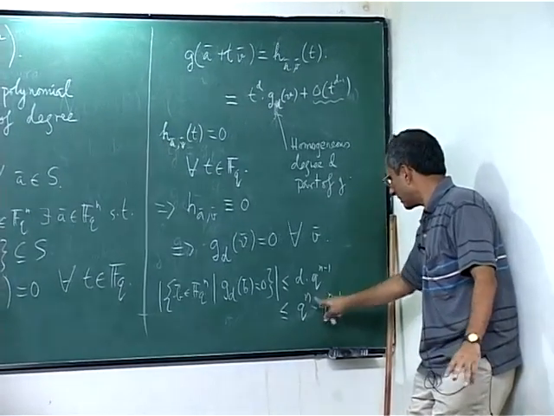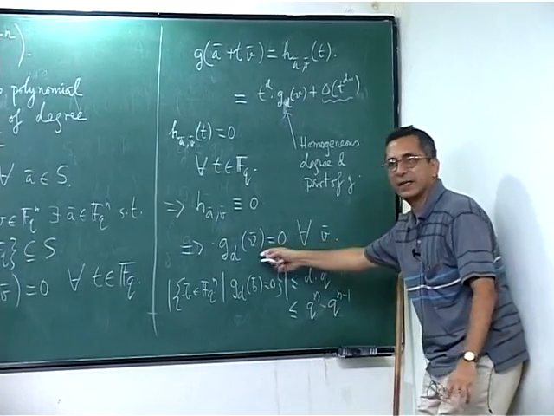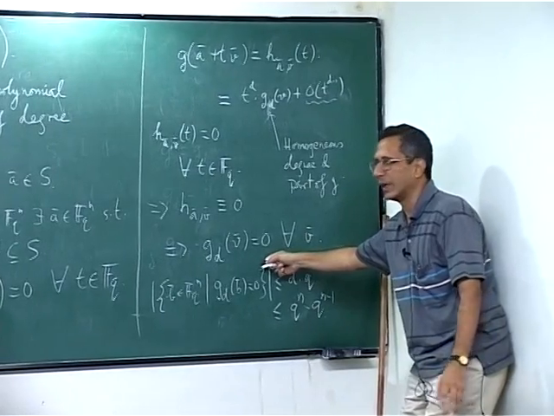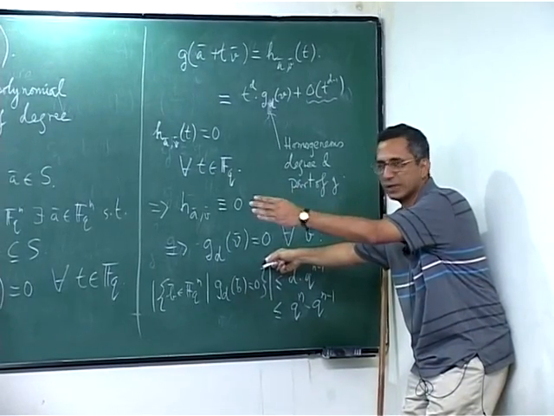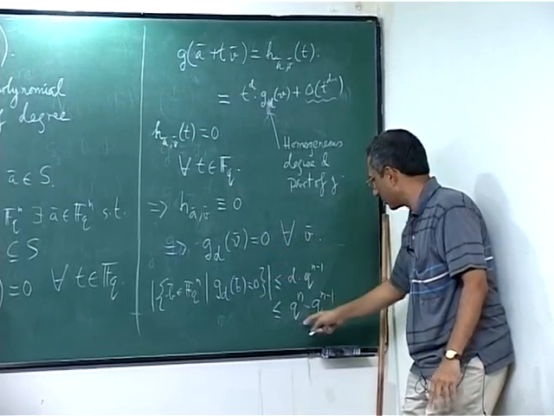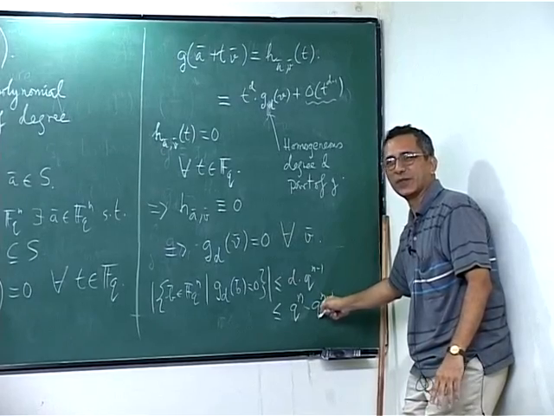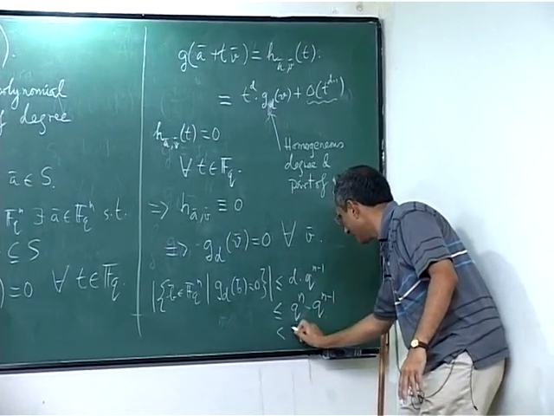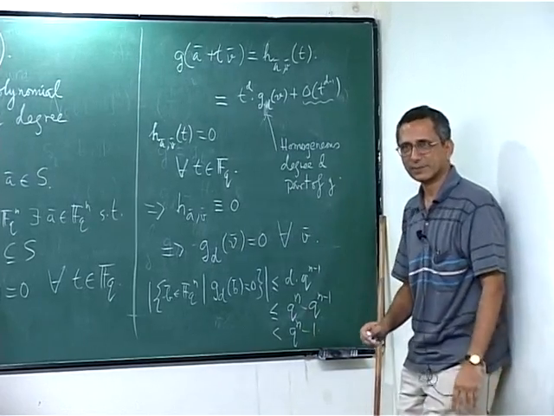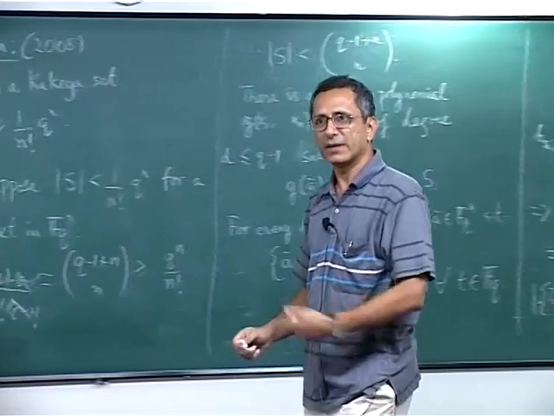So this is vanishing in q^n minus 1 directions, if you leave out the zero direction, and this has to be at most q^n minus q^(n-1), which is strictly less than q^n minus 1. That's a contradiction.